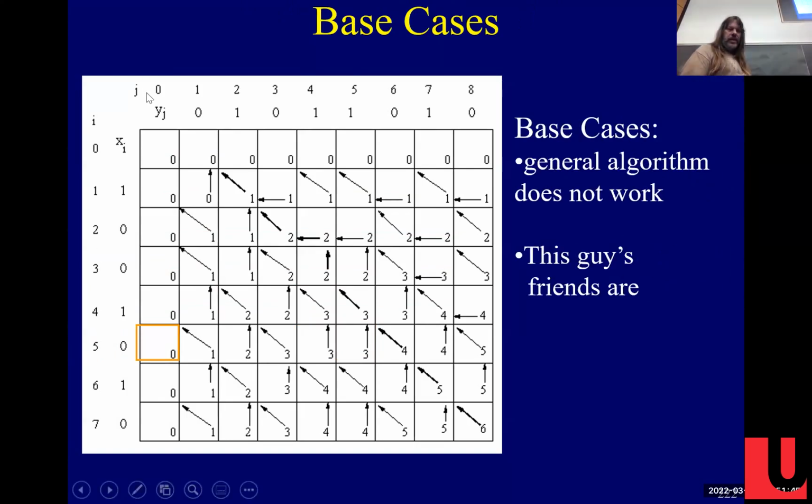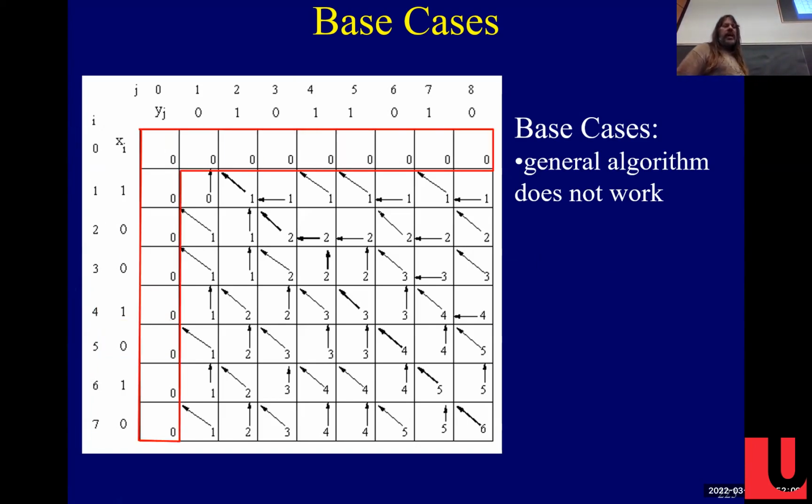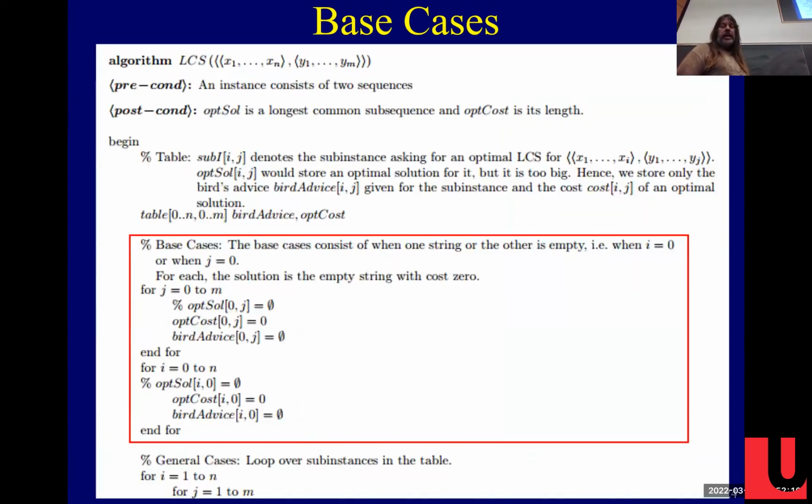This is when we're considering 0 of the Y letters, right? And if there's 0 of the Y letters, then those would be my friends, but there's nobody over there. And I kind of know the answer, that if one of your strings is empty, then your longest common subsequence is empty, right? So that's our base case. And so here's the code that fills it in.